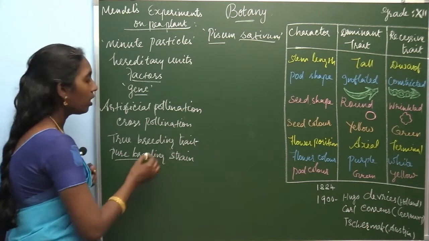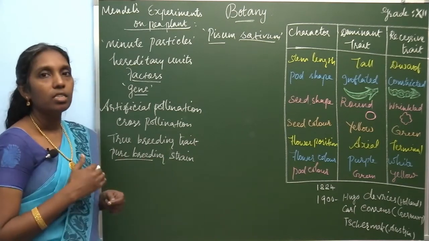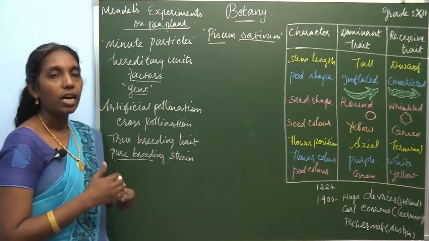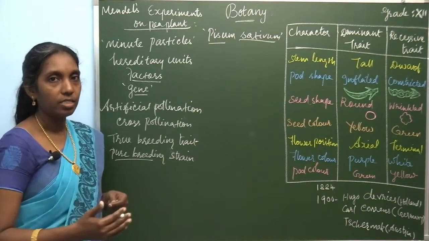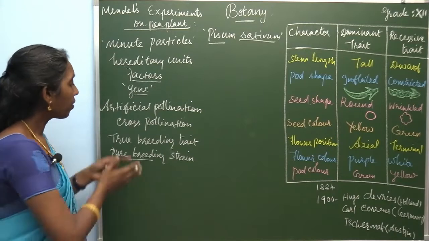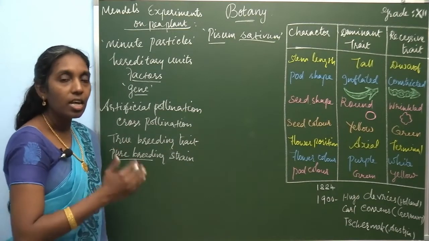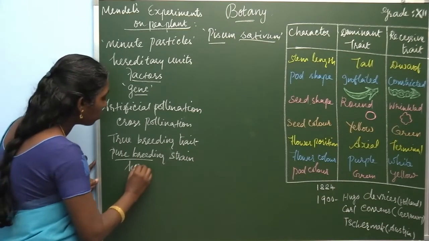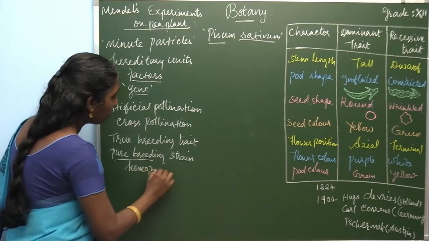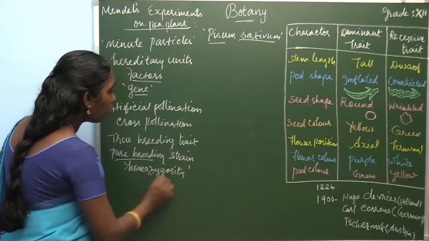Pure breeding or true breeding is the breeding of plants by self-pollination. Generation after generation it is carried out from the same parent, pure breeding, self-pollination. So it shows homozygosity. What is homozygosity?